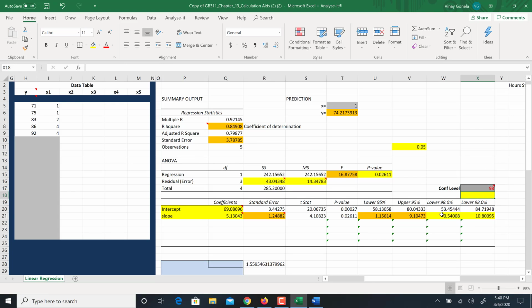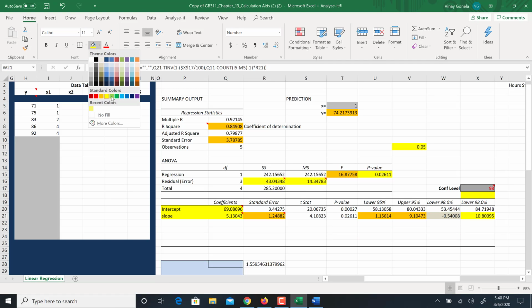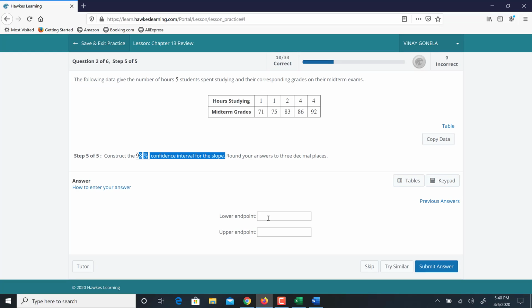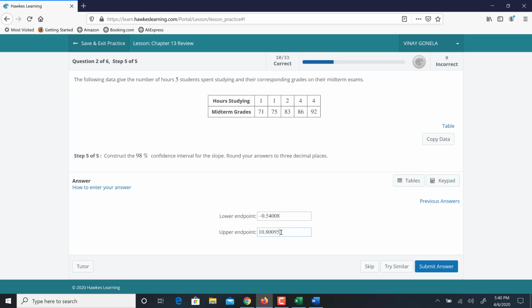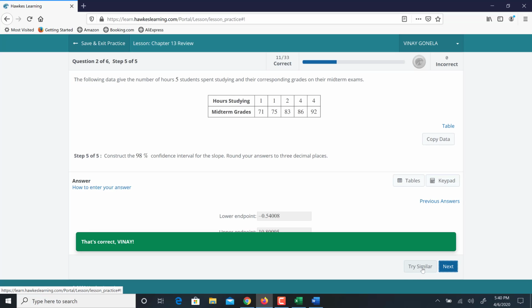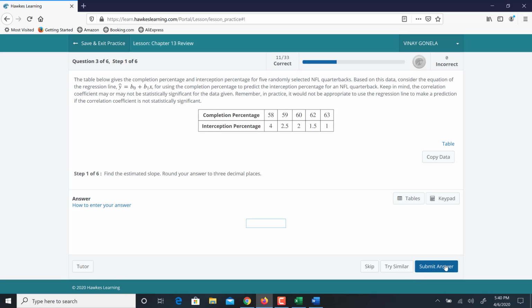That is going to give me negative 0.54, which I will highlight with a different color, and then the upper limit is 10.80. Again I will highlight with a different color. I'll submit that. Again, this is the same problem.